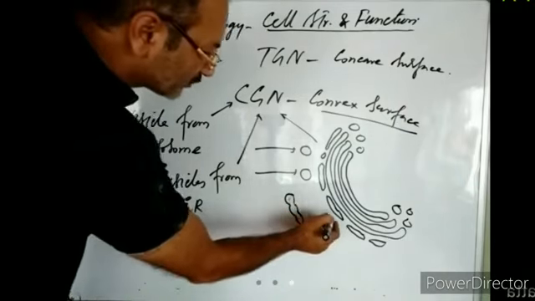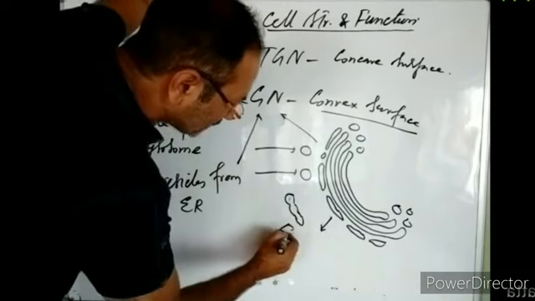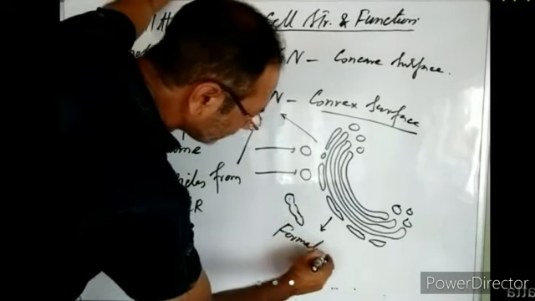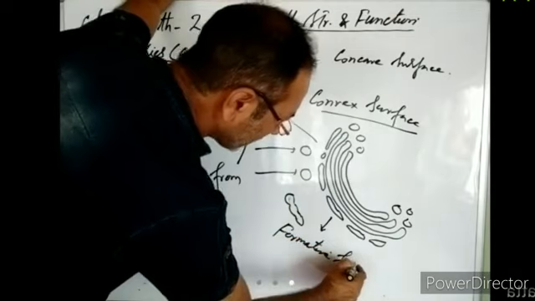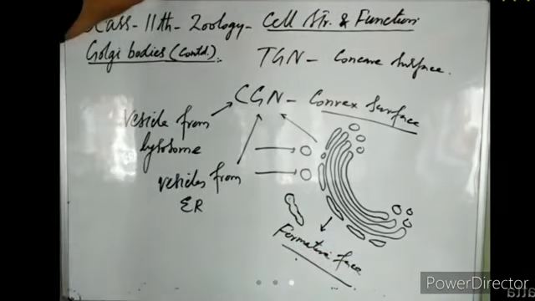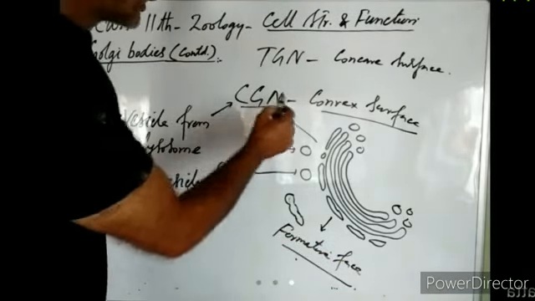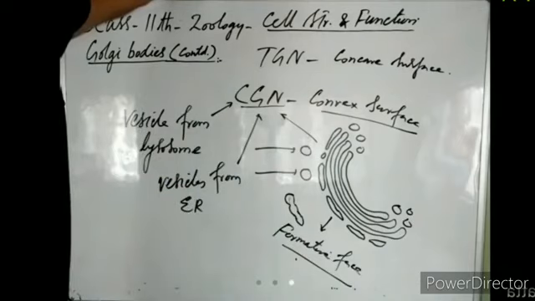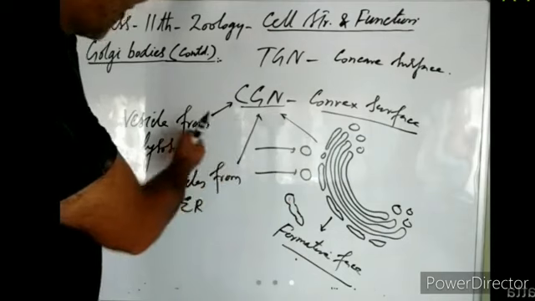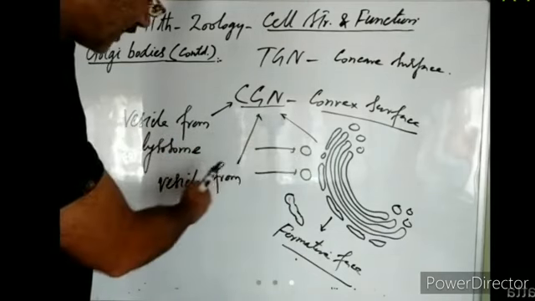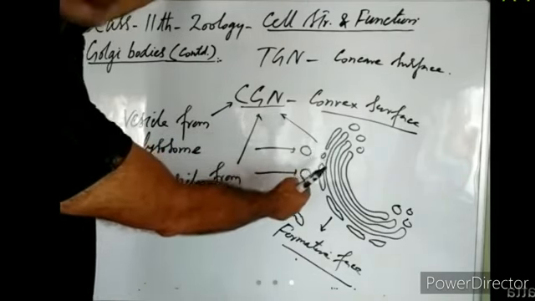So for that reason, we call this phase of the Golgi body the formative phase. Why do we call it the formative phase? Because on this side, lysosomal vesicles and vesicles from the endoplasmic reticulum join.